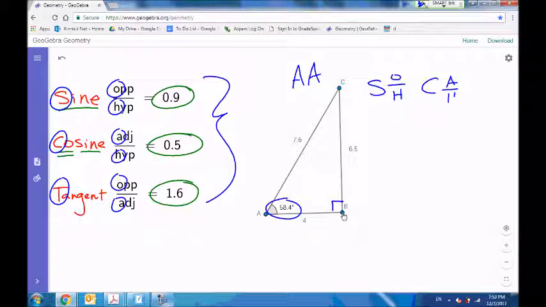That helps you know that the sine ratio is the opposite length divided by the hypotenuse, the cosine ratio is the length of the adjacent leg divided by the hypotenuse, and the tangent ratio is the opposite leg divided by the adjacent leg.